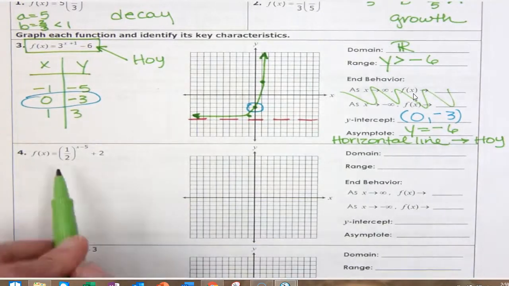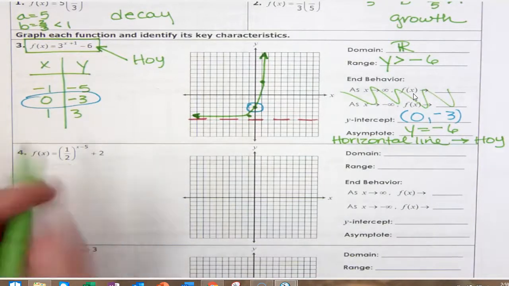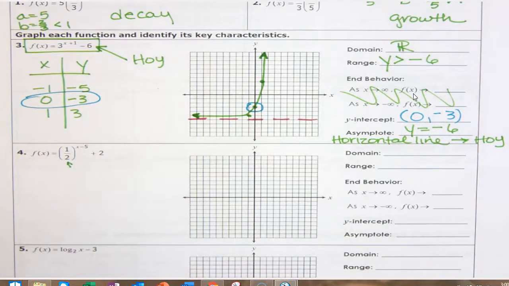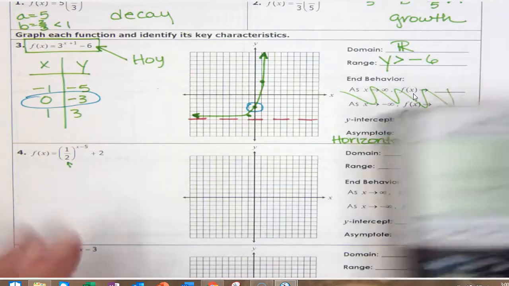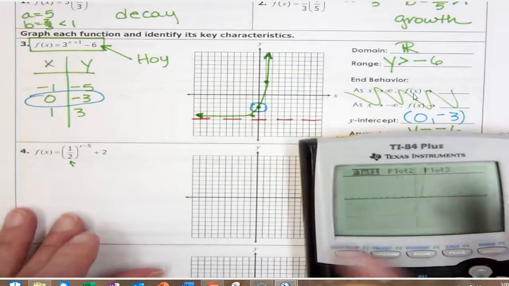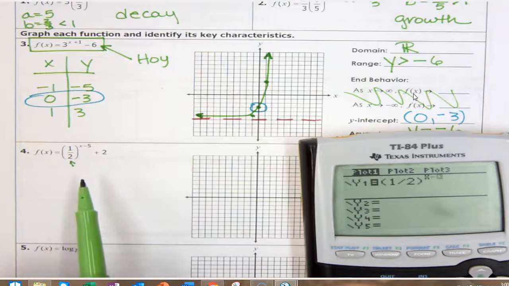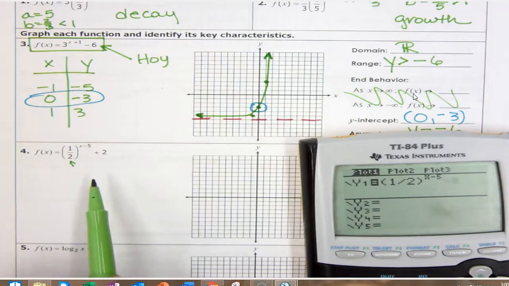So here you've got, and judging by this value right here, I know it's going to be a decay. So I'm going to graph my line. Y equals 1/2 raised to the x minus 5 power plus 2.